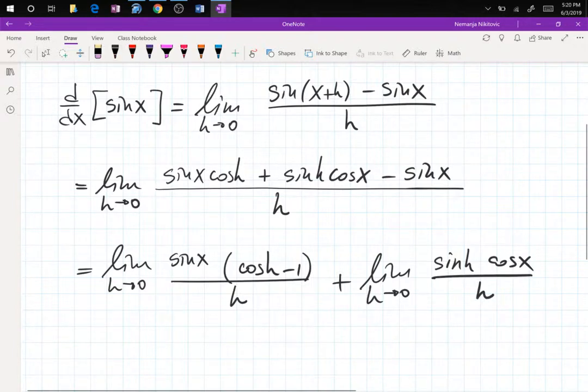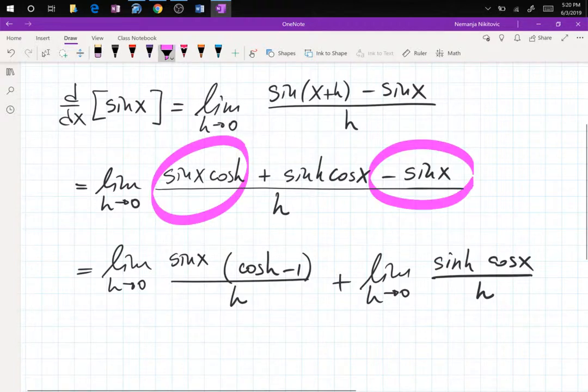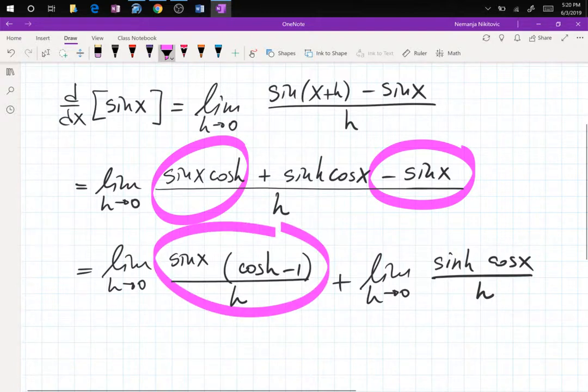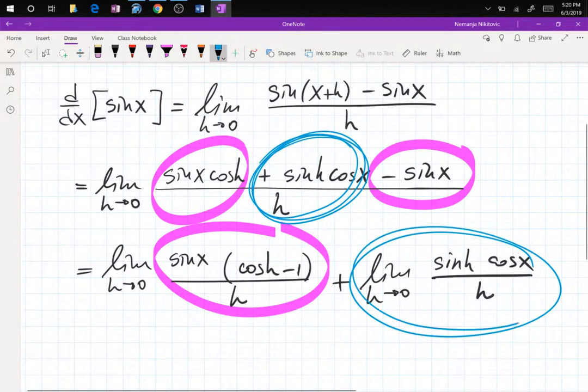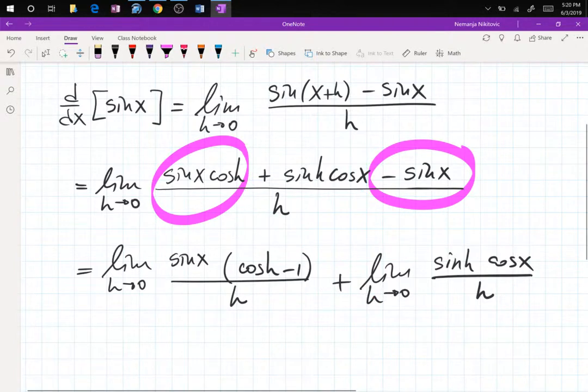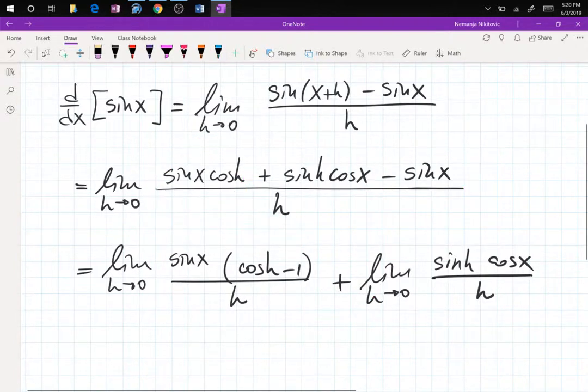So what we have done here is we use the first and the third term, factor out sine of x, and then we use the second term over here to give this a completely new limit. So we just rearrange this using algebra.